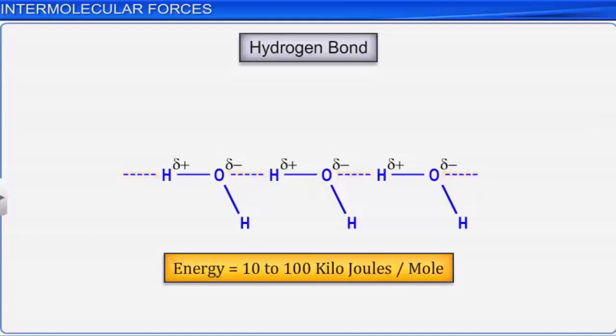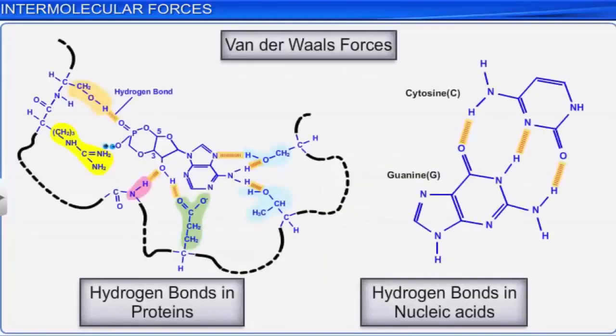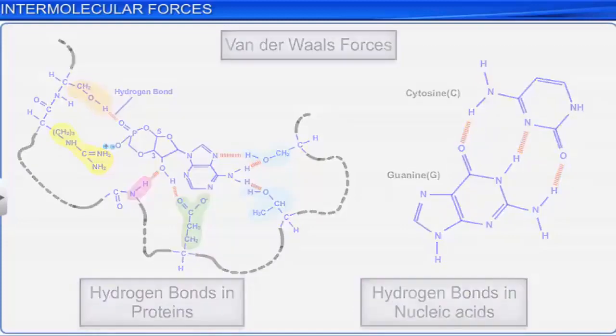Therefore, hydrogen bond is a powerful force in determining the structure and properties of many compounds such as proteins and nucleic acids. Have you ever wondered why it is very difficult to compress the solids and liquids?